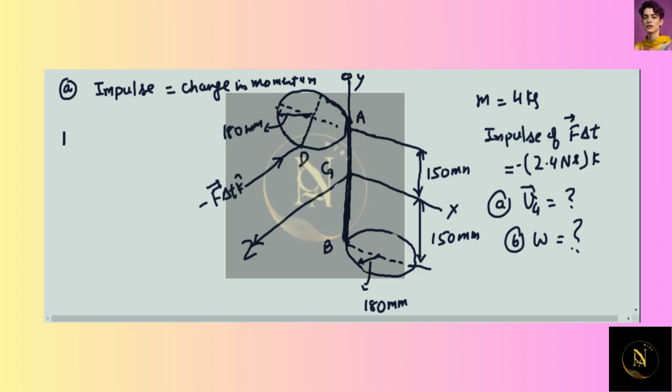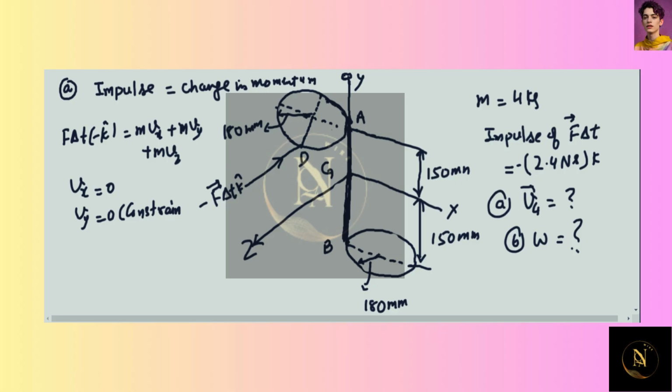Impulse is given, F delta T minus k cap, equals m Vx plus m Vy plus m Vz. So Vx is 0 by constraint relation, Vy is 0 by constraint relation, and Vz is equal to F delta T upon m.